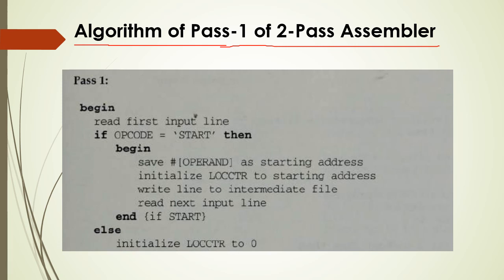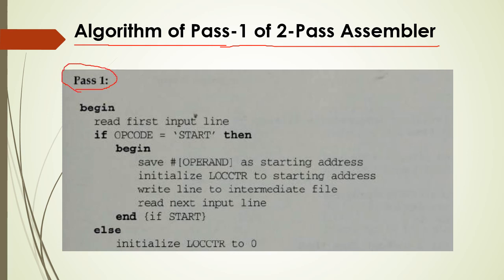This includes processing that affects address assignment, such as determining the length of the data area defined by BYTE, RESW, etc. These are the different operations performed by pass 1 of the algorithm. So we will see the pseudocode of pass 1.